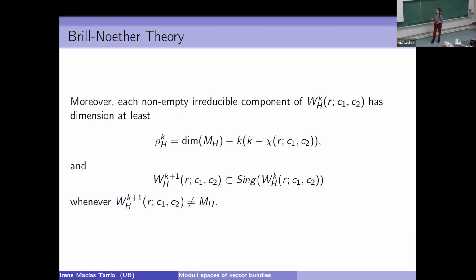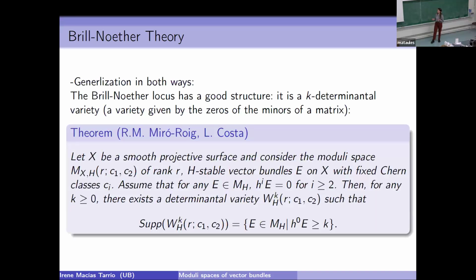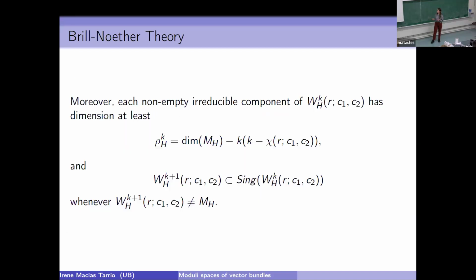And as it has a determinantal variety structure, we can talk about its dimension, which is the expected dimension. That means we know that the Brill-Noether locus we define has dimension greater than or equal to this number, for sure. Sometimes it has the exact dimension, sometimes not, but we know the dimension is at least this.